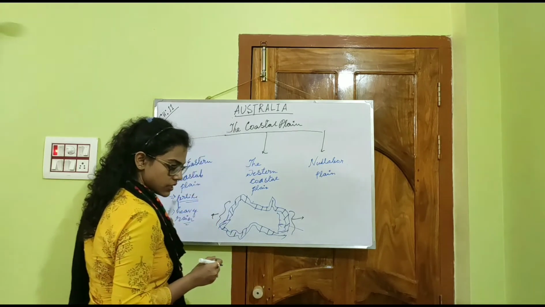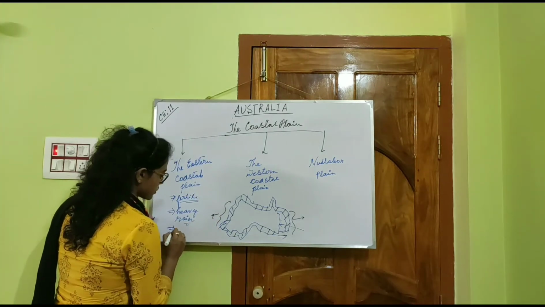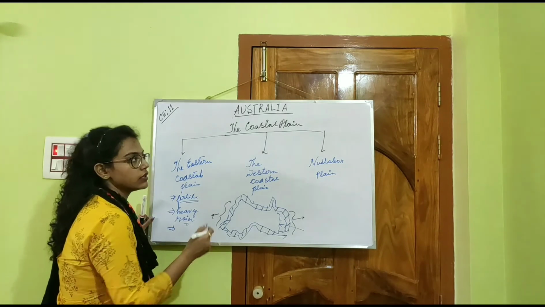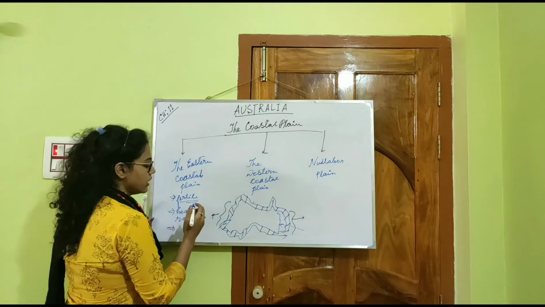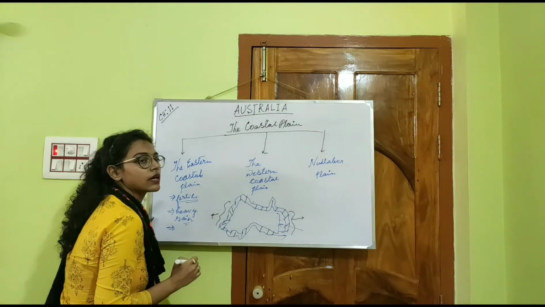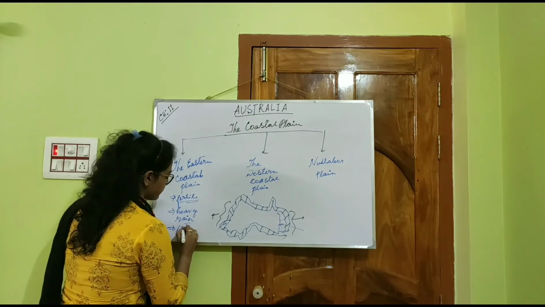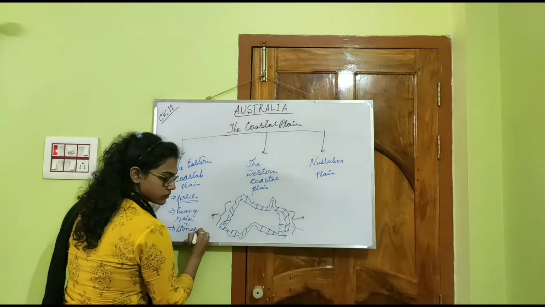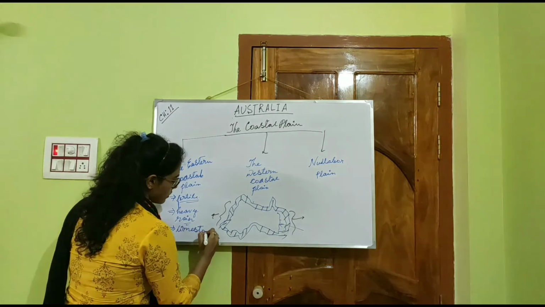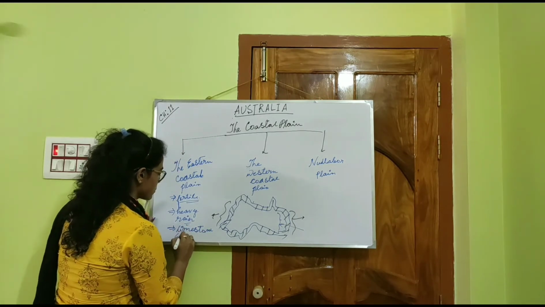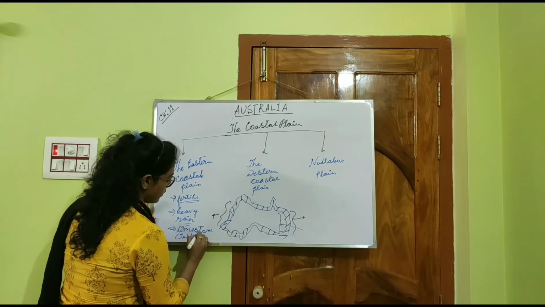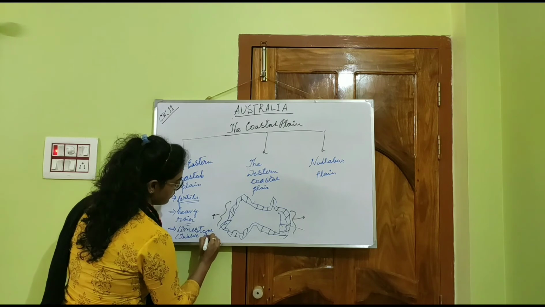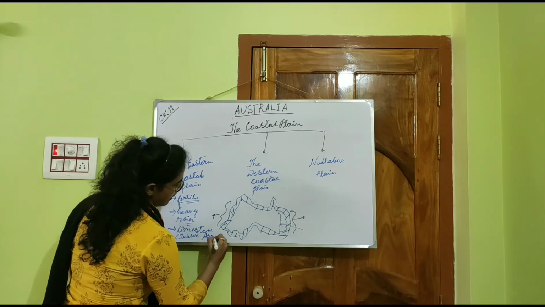And in this portion, in the eastern coastal plain, here in Victoria, there is a collection of limestone. These limestones are called the 12 Apostles.